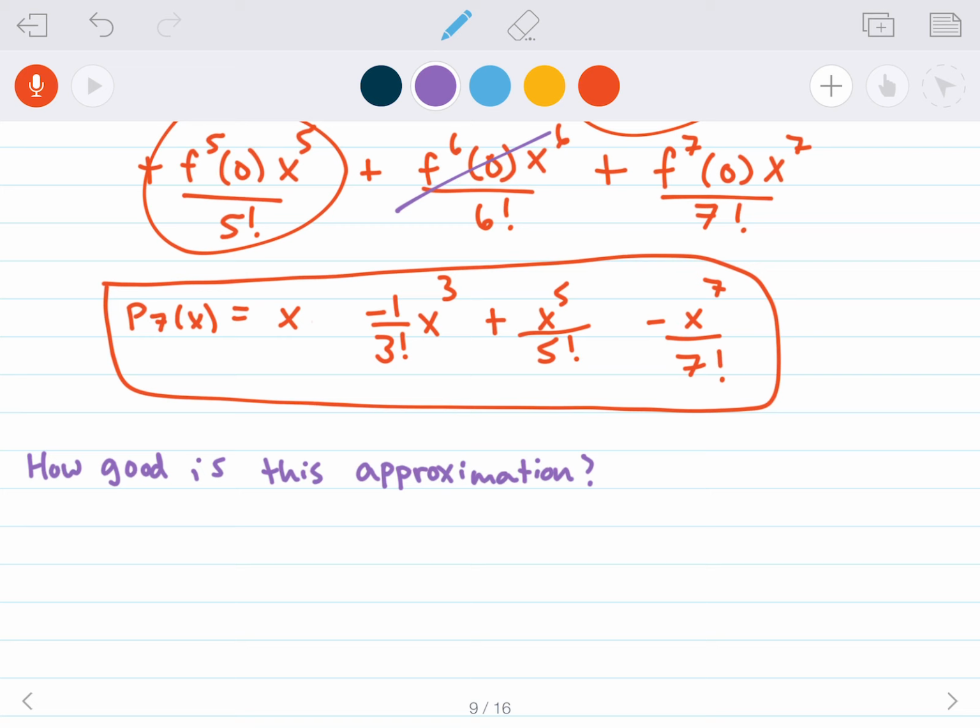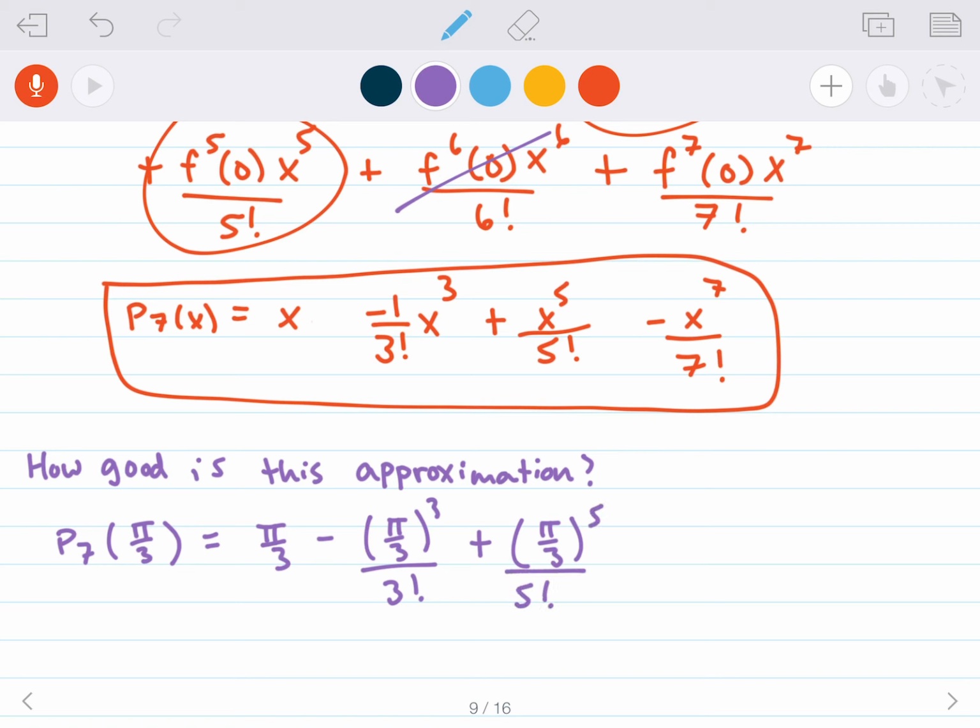Okay, so here we go. So P7 of x, well, we're trying to figure out how good the approximation is for x equals pi over 3. So that's what we're going to plug in for x into our polynomial that we just found. So we have pi over 3 minus pi over 3 cubed over 3 factorial plus pi over 3 to the 5th over 5 factorial minus pi over 3 to the 7th over 7 factorial.